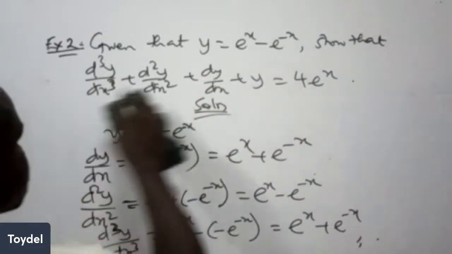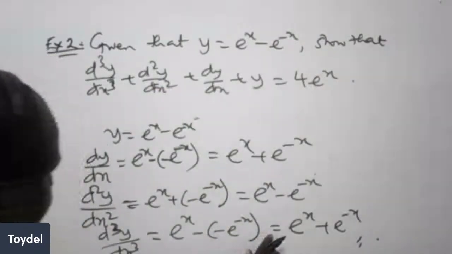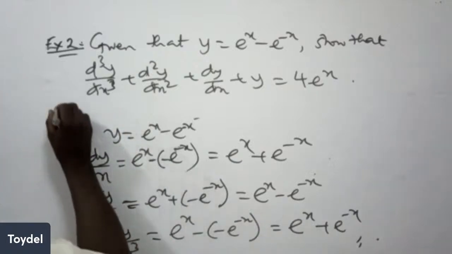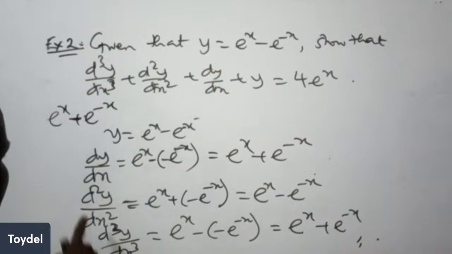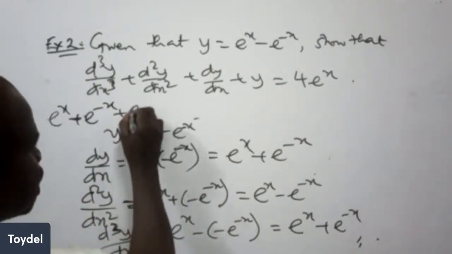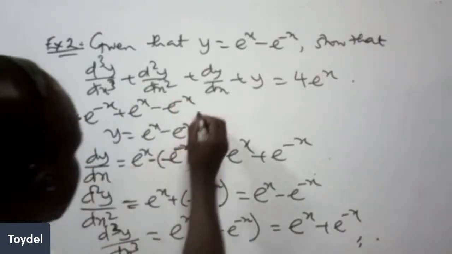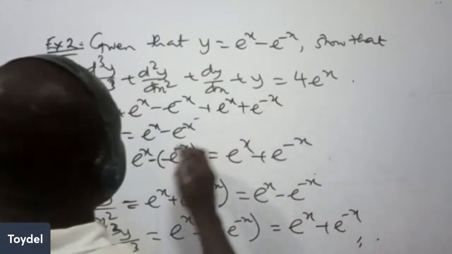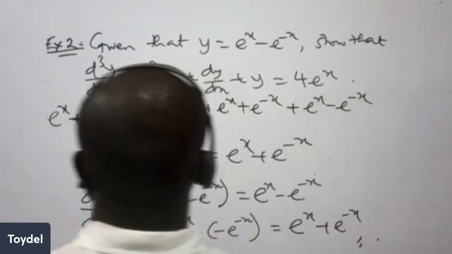So now let's substitute for these values. d³y/dx³ we have been able to get to be e^x plus e^(-x). Then d²y/dx² is plus e^x minus e^(-x). The dy/dx is given as plus e^x plus e^(-x). Then y is given as e^x minus e^(-x), and that's what we are going to get.